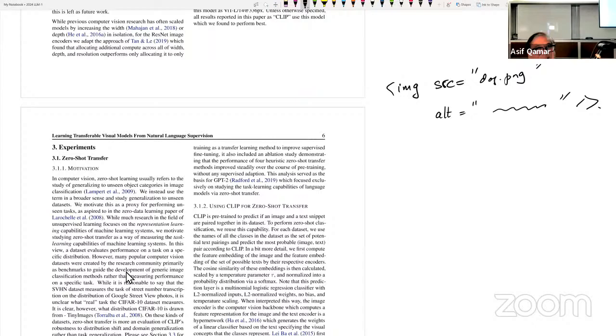You describe what the image is. So if you scrape the web, you will get a lot of noise because most people forget to put the alt. Those are the wastes. But quite often you will get a picture and a text there, and so they form your pair. That is what they trained on.